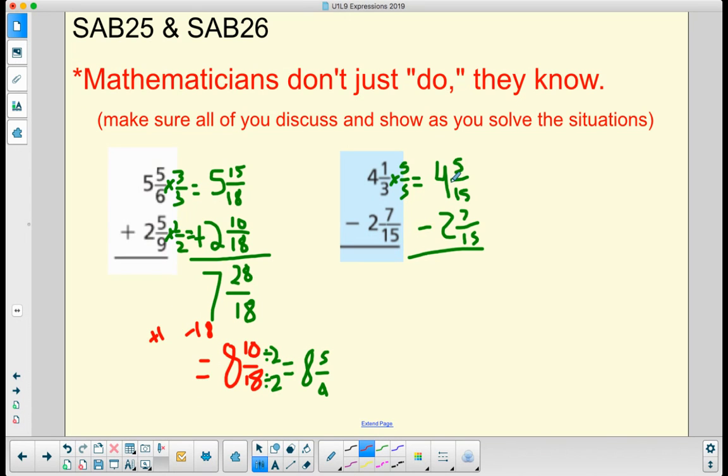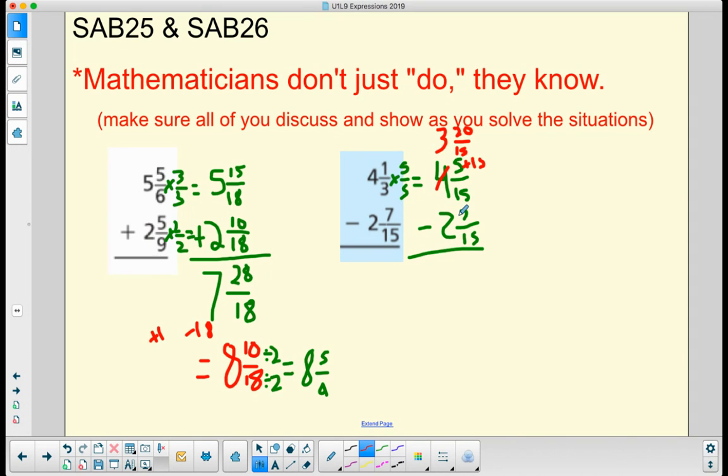So, showing you that again, I ungroup one of these. So 1 less than 4 were 3 of them. That 1 whole gave me 15 more. 15 more than 5 are 20 15ths.